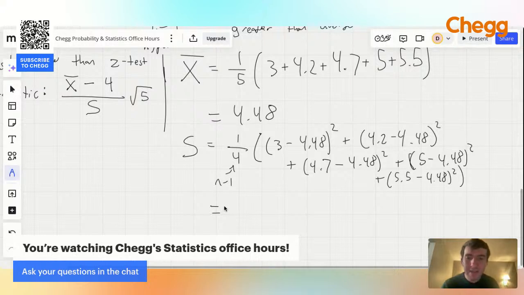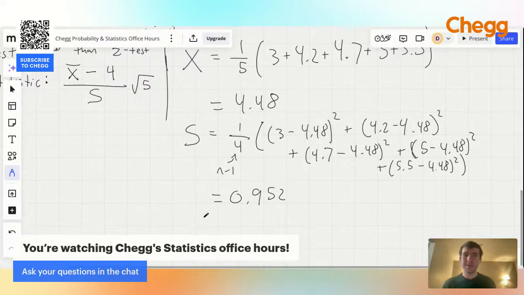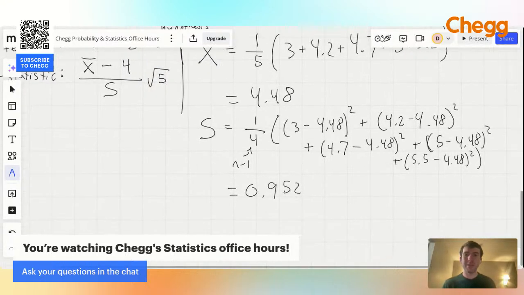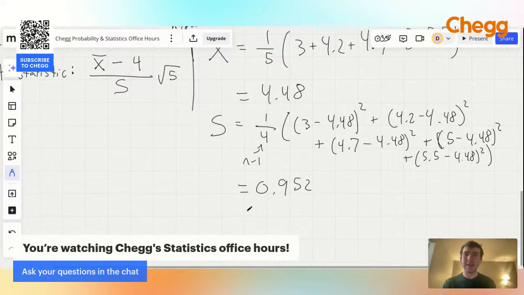Let's see, 0.952 is what I got. So that's what Potato from TikTok got in chat also. So that's the sample variance.